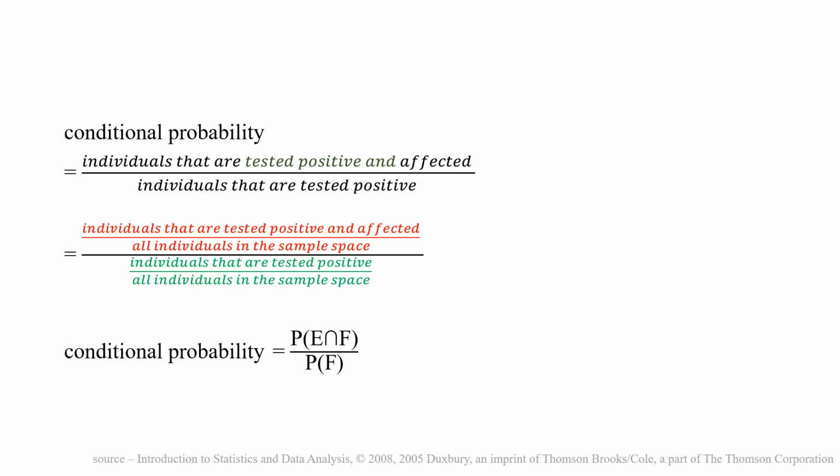Since the numerator equals the probability of E intersection F and the denominator equals the probability of F, the conditional probability can be defined as the ratio of the probability of event E intersection F to the probability of event F.